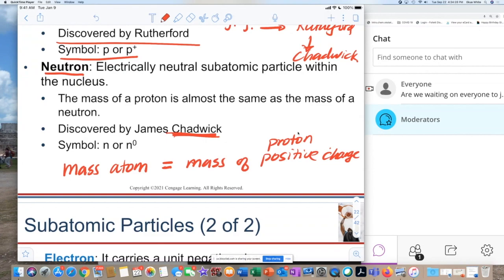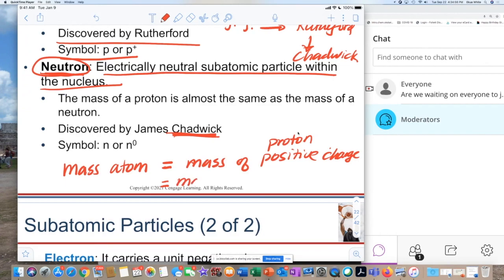There is another mass that nobody is accounting for. So long story short, they discovered that there was something else inside the nucleus that had no charge, and guess what that was? That was the neutron. The neutron was the electrically neutral subatomic particle within the nucleus. And the neutron was the missing part of the nucleus.